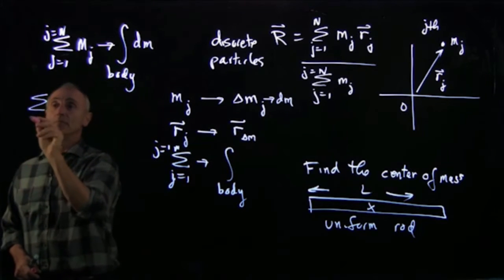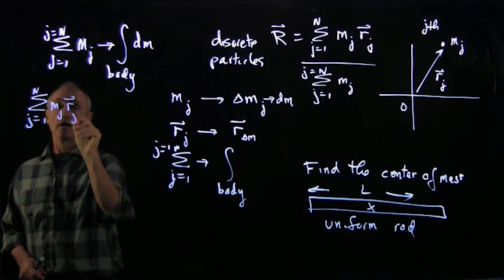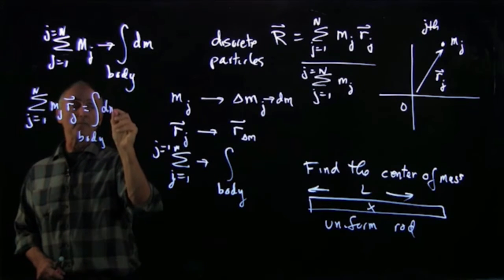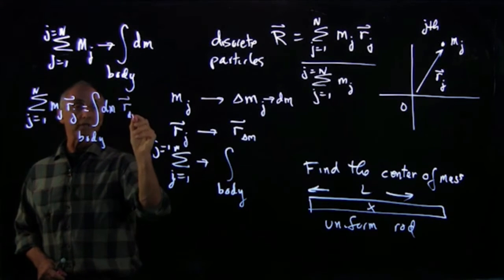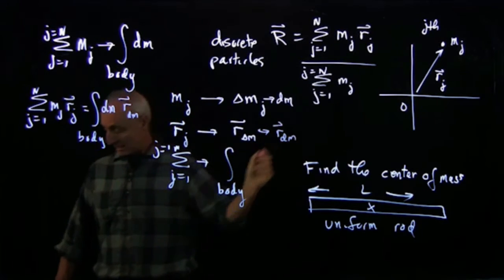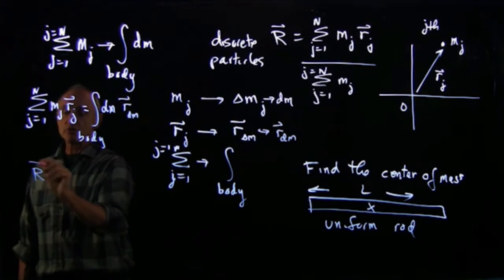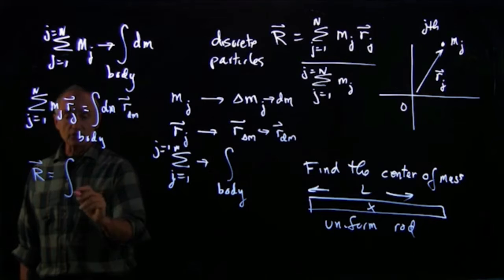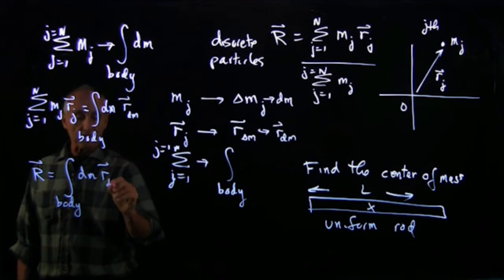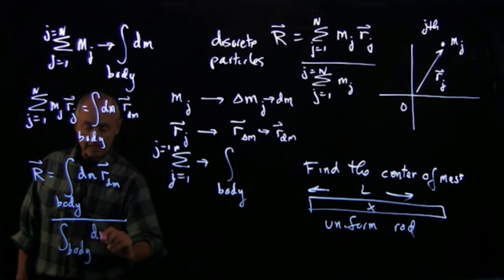Likewise, our sum over j from 1 to n of mj rj goes to an integral over the body of dm times the vector r going to that element. So in the limit, this becomes r going to that element. That means our expression for the continuous object is an integral over the body of dm r to that element dm, divided by an integral over the body of dm.